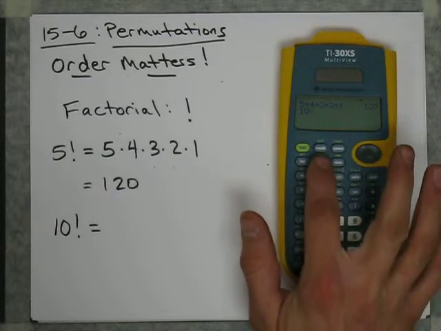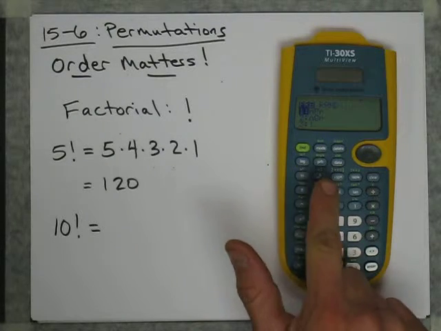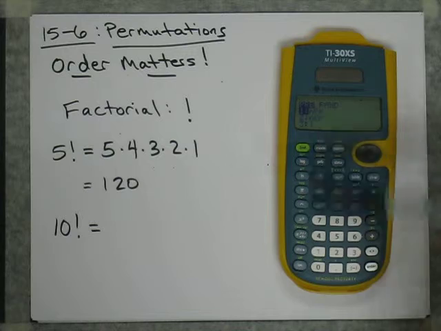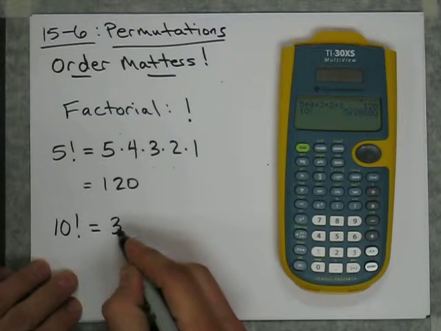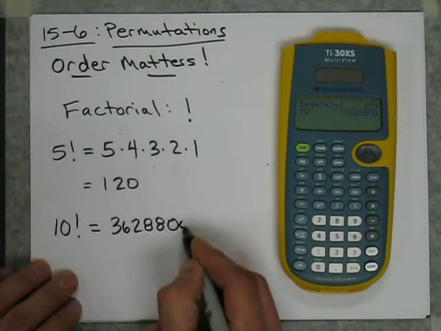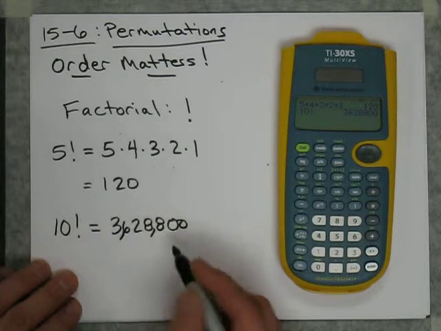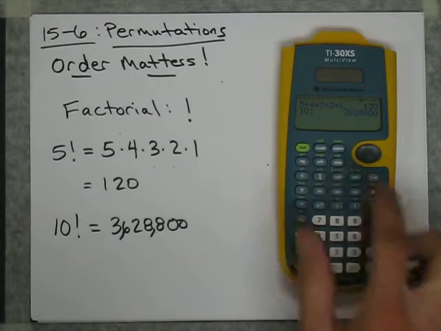On these ones, it's the PRB button for probability, and under this one, it's the number 3, the exclamation mark. 10 factorial gives you 3,628,800.